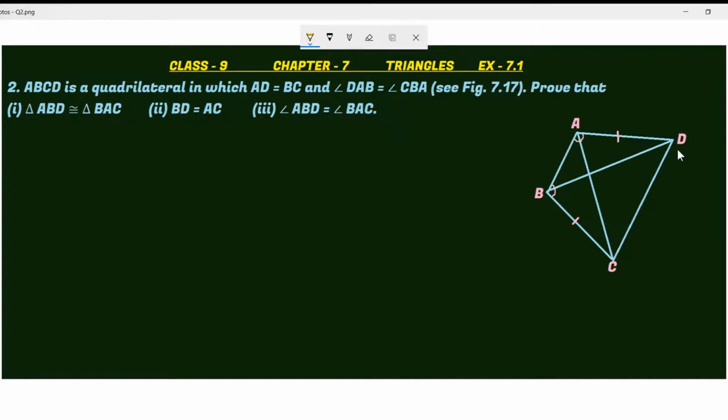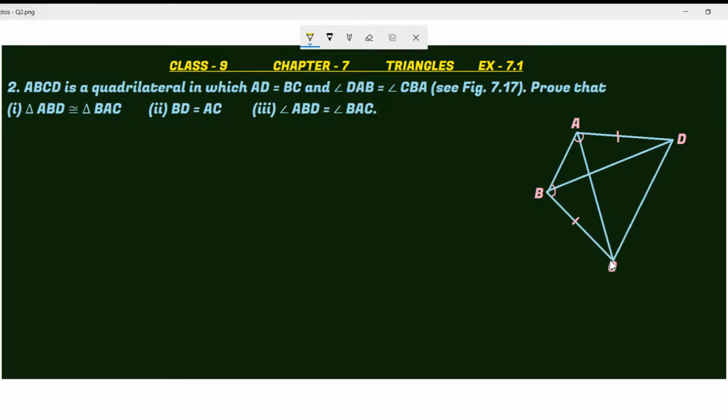Here you can see the figure. This is the quadrilateral given in the question, ABCD. In this, side AD is equal to BC and angle A is equal to angle B. That means DAB is equal to CBA. We have to prove this triangle is congruent to this triangle.